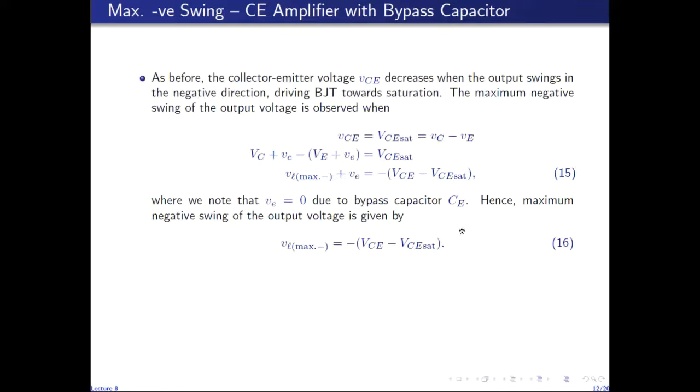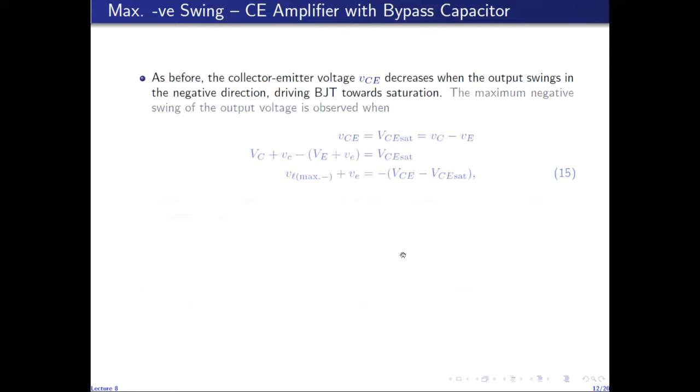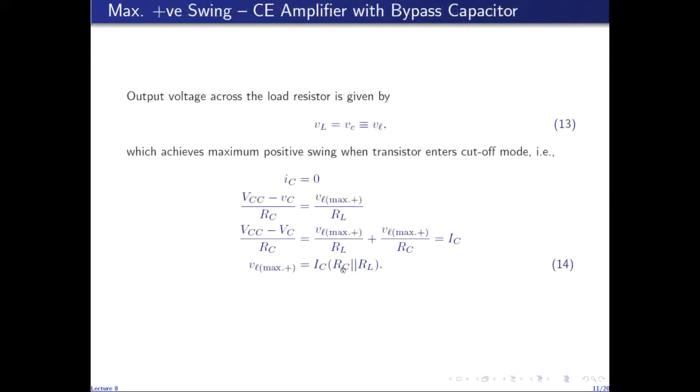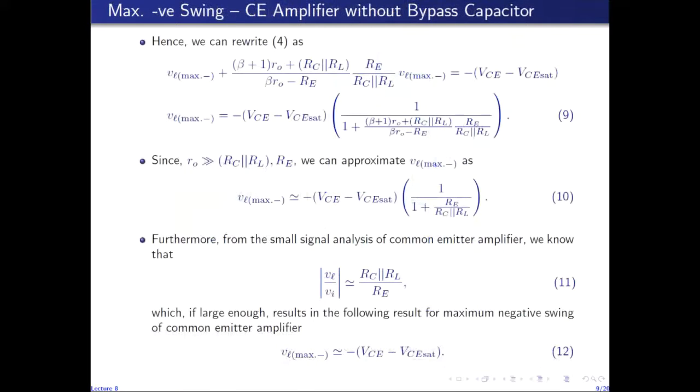Previously we obtained this expression as an approximation. Here this is an equality. This is the exact expression. Please notice that we can directly get this result in 16 and this result in 14 by simply replacing RE with 0 in these expressions.